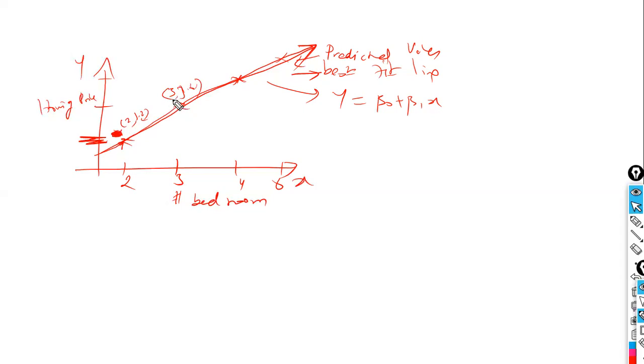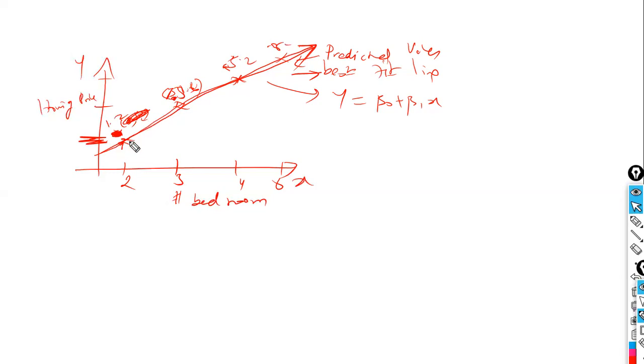The actual values are lying somewhere here, right? The actual y value, the actual housing prices. So here the actual value is 1.2 crore, and this is 3.6 crore, and here you have something like 5.2 crore, and here you have something like 8 crore.